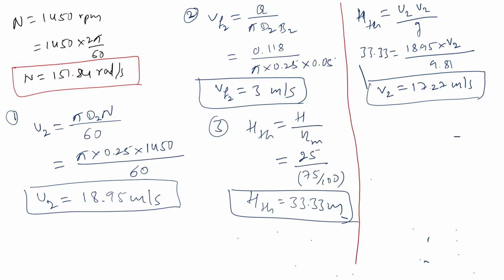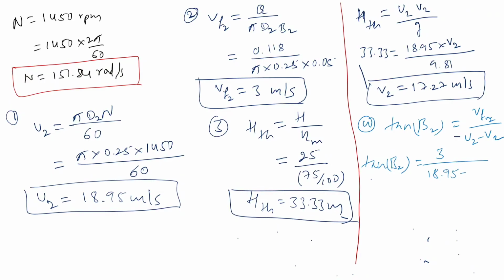The final step, the vane angle. Tan beta is given by Vf2 divided by U2 minus V2. Tan beta equals Vf2 which is 3, divided by U2 which is 18.95, minus V2 which is 17.27.